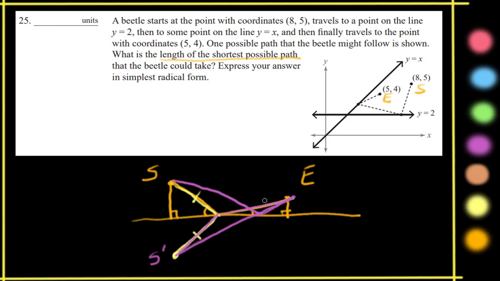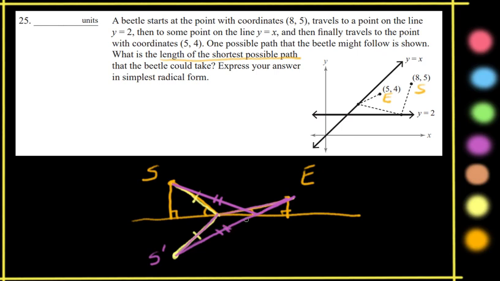I didn't draw that very straight. Let me grab my straight line tool, that might help. So it'll go down like this and then up like that, and that'll be the same distance now. This distance here will be the same as this distance, and then of course this is the same segment here.